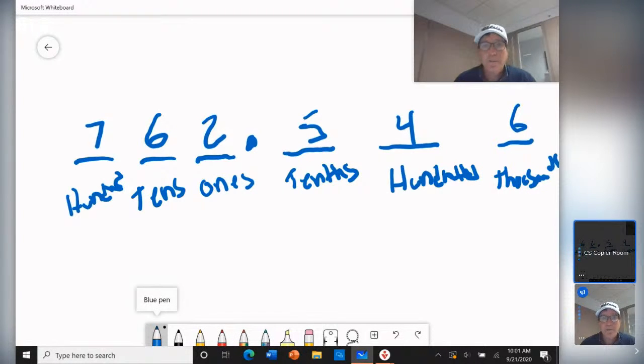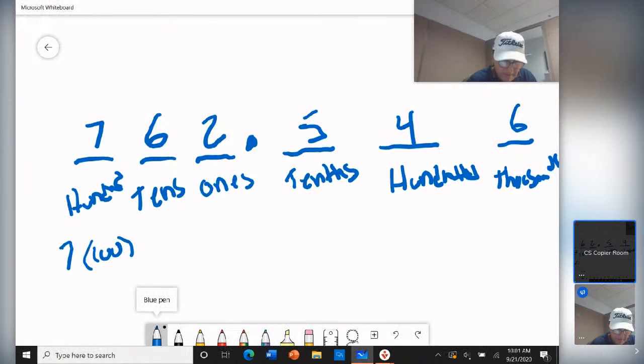But what do each of those numbers mean? Really, if you think about it, this would be 7 hundreds, so that's the hundreds place. This would be 6 tens, and this would be 2 ones.